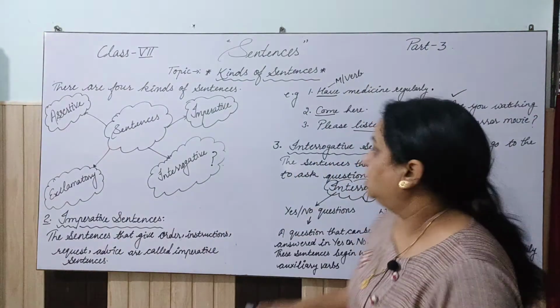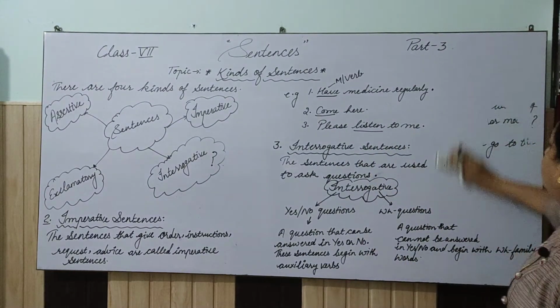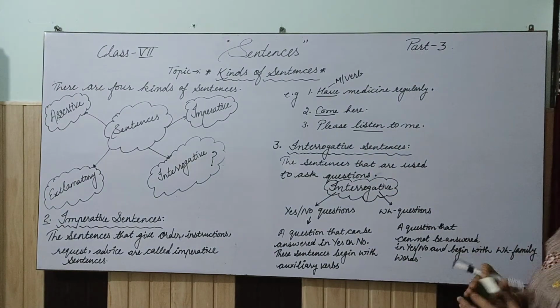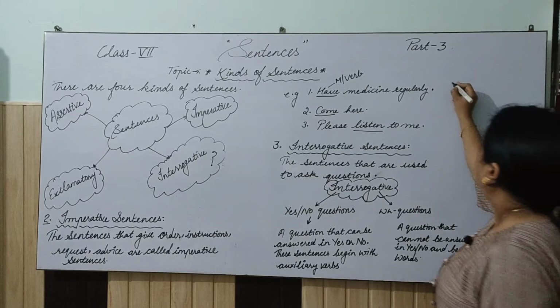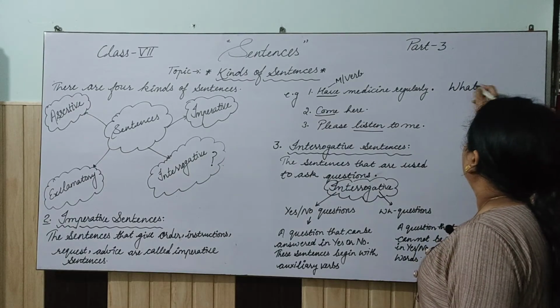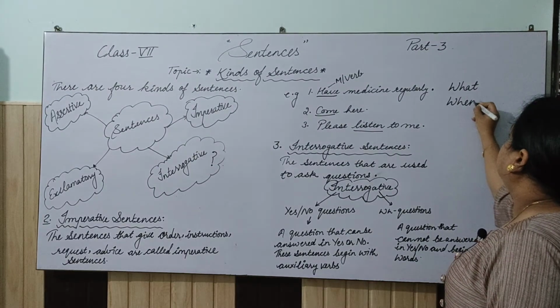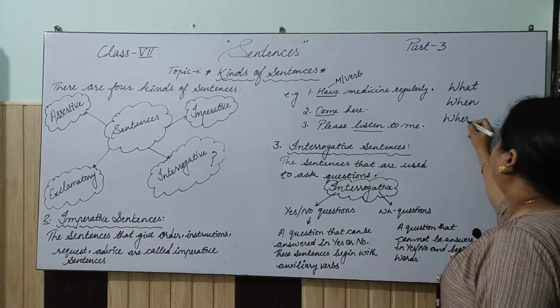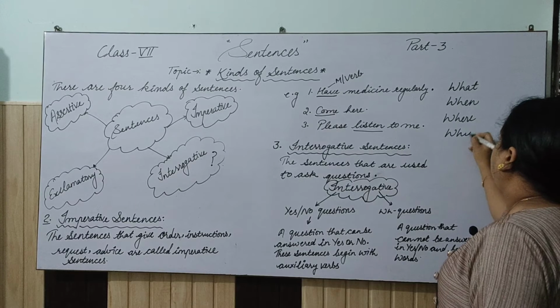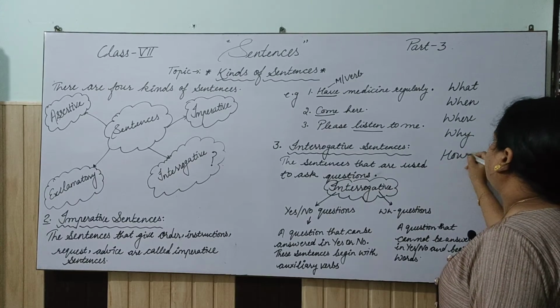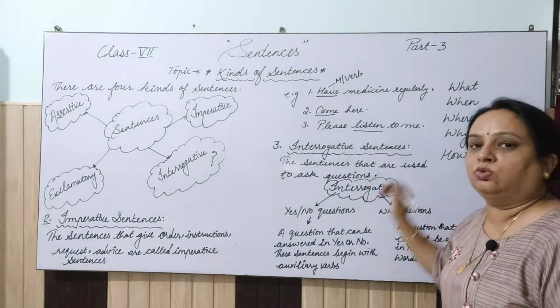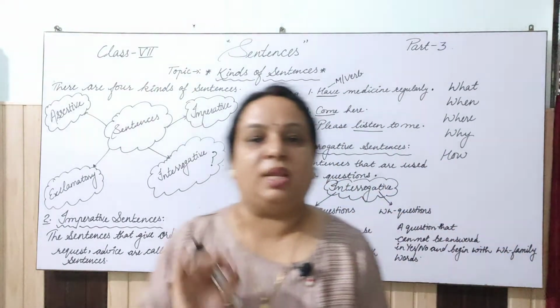Now let's understand what those WH family words are. When I say WH family words, that is what? We have 5 W's, right? When, where, why, and how also can be included. So these words are WH family words.